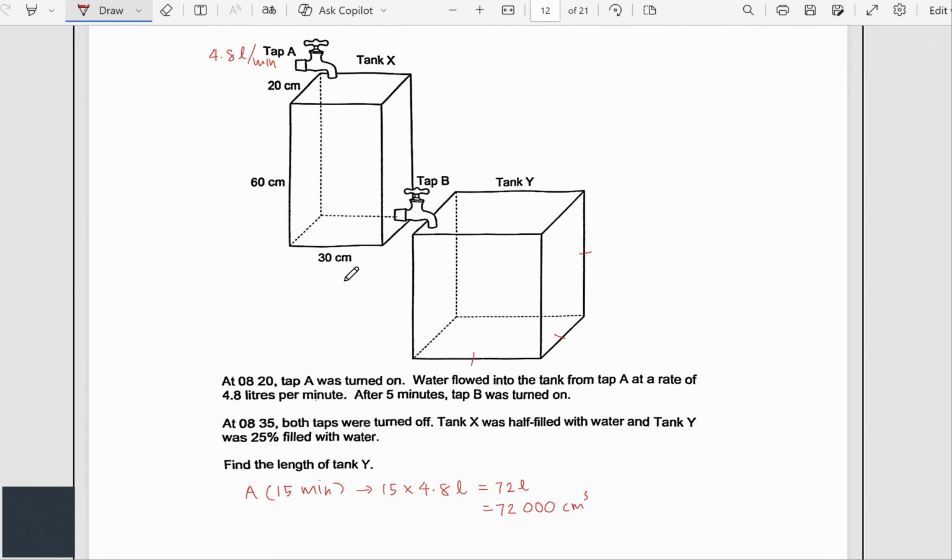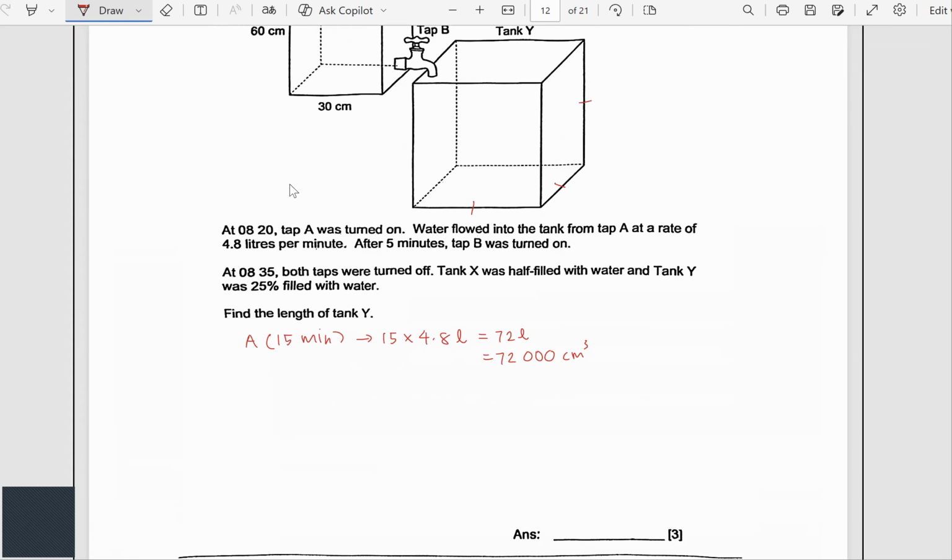Okay, so half of tank X is 30 times 20 times 60 times half. So X in the end would be half of 30, 20, 60, 18,000 cubic cm.